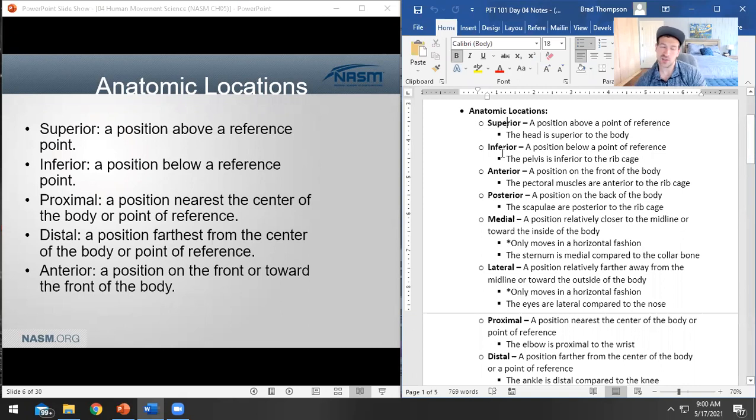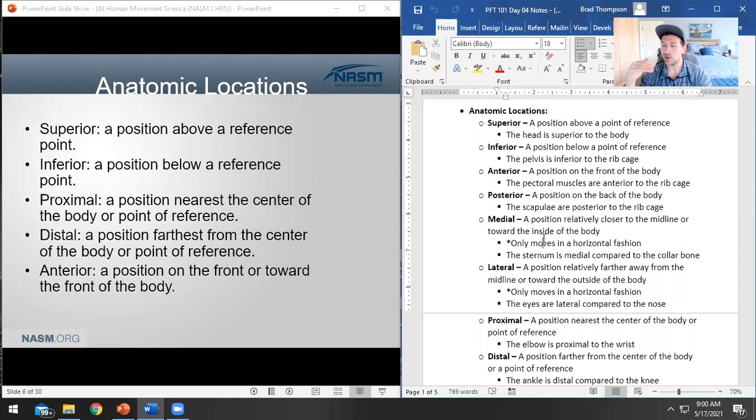So we've got superior, which we've already mentioned, which is a position above a point of reference. When we say something is superior to something else, we're saying that it is above whatever it is that we are referencing from the anatomic position. Your head, for instance, is superior to pretty much everything else on the rest of your body. It's the most superior thing that you've got.